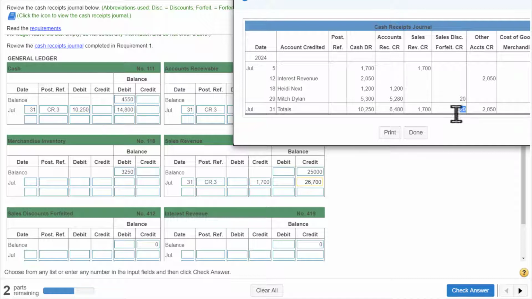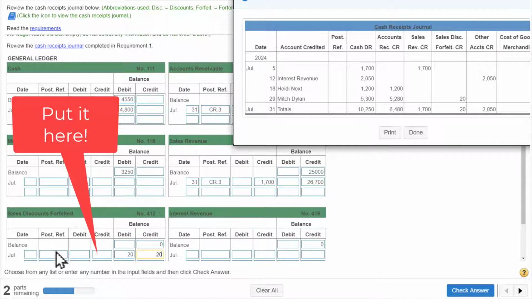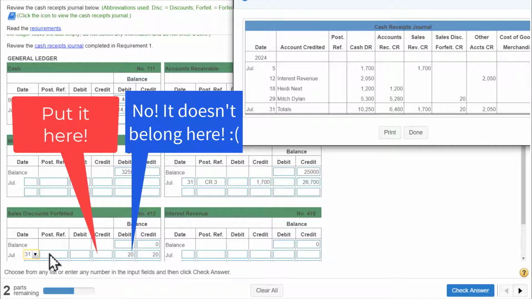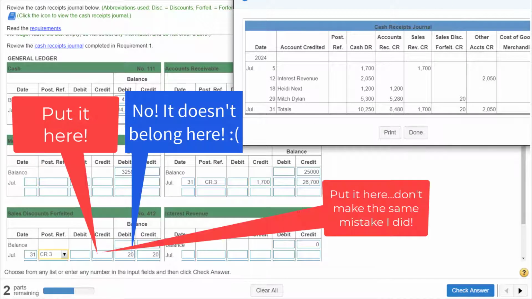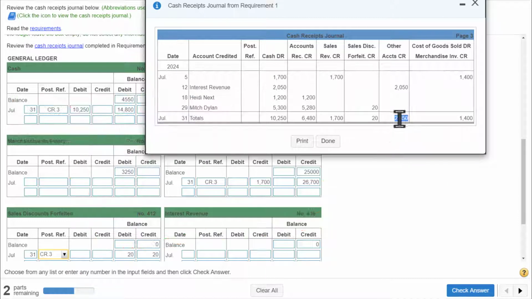Continuing to move to the right, we got $20 as a credit to sales discounts at the end of the month. And then technically, this $20.50 is not posted anywhere because this total is from other accounts.